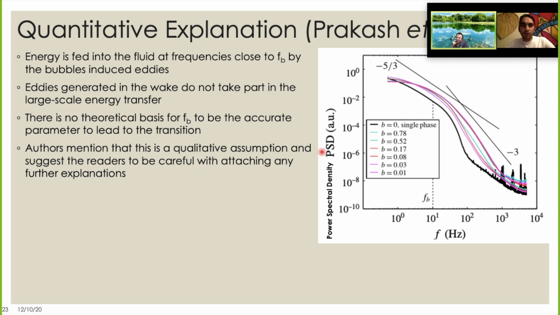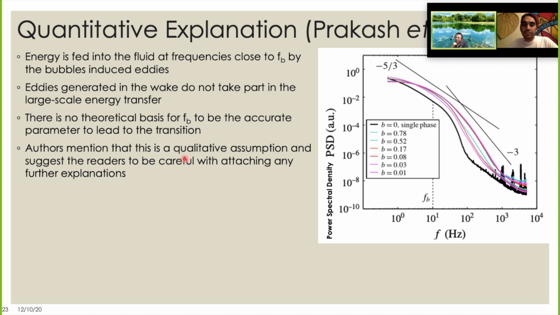Here I wanted to show another result by Prakash et al, where they plot the power spectral density, which is similar to the energy spectrum we were looking at, versus the frequency. They found the bubble frequency, which I introduced in the earlier slide, and decided that all scales larger than this bubble frequency lead to the -3 curve, and all scales smaller than this bubble frequency lead to the -5/3 isotropic turbulence.